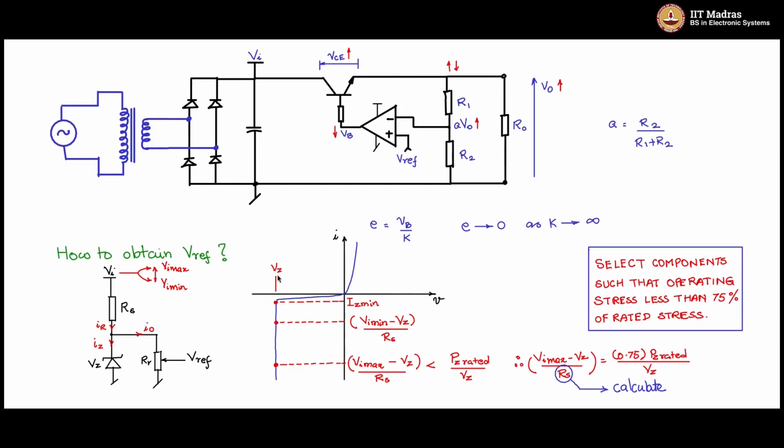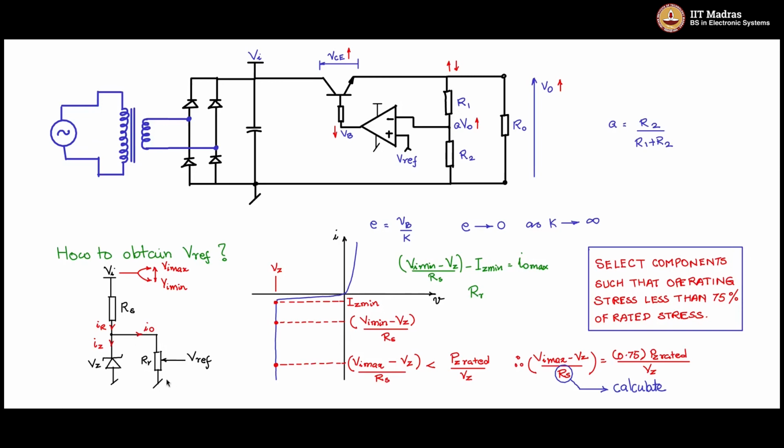We want a constant fixed Vz appearing across the Zener, and therefore I will ensure that at least Iz minimum is flowing through the Zener. Therefore, what you can pass into I naught is Vi min minus Vz by Rs minus Iz minimum, and that is the maximum possible I naught that I will allow, worst case condition.